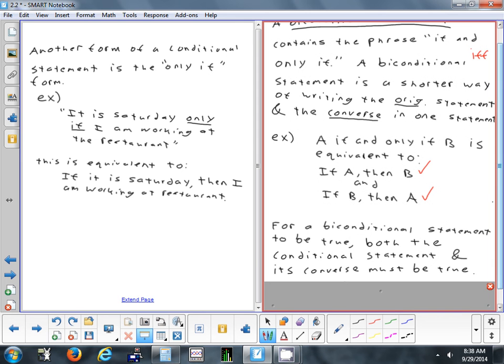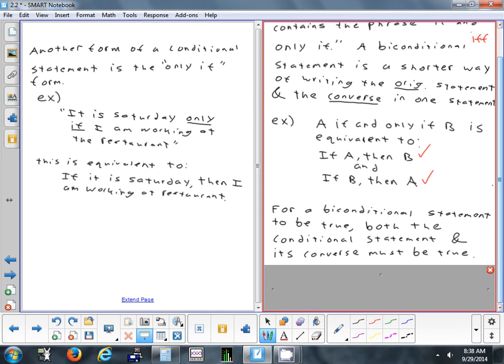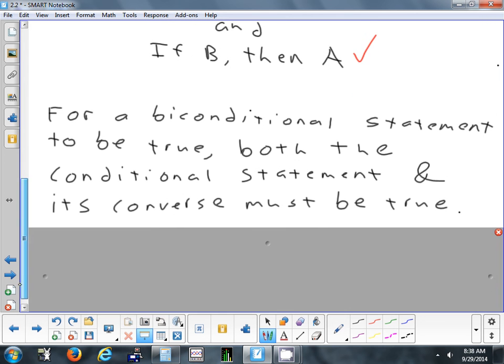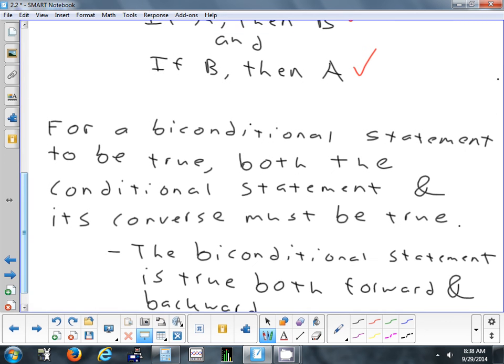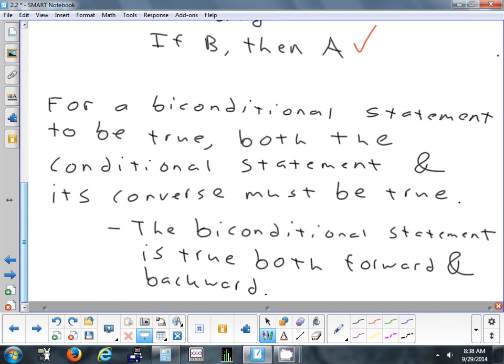So it's harder for a biconditional to be true, because there are two things that have to be true, not just one. Another way of saying what I just said is the biconditional statement has to be true forward and when you read it backward. The original and the converse. Same idea.